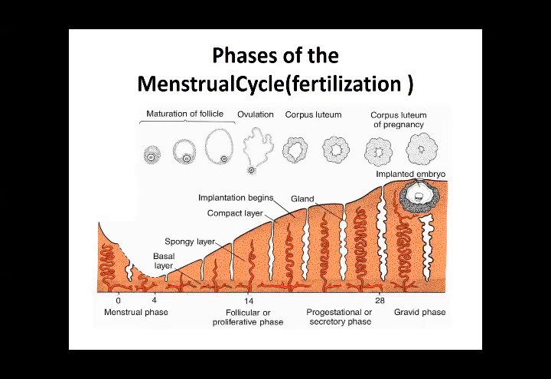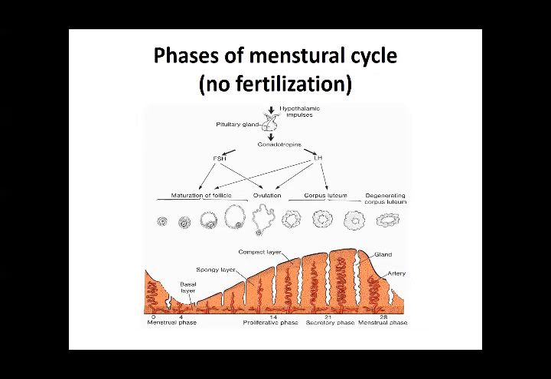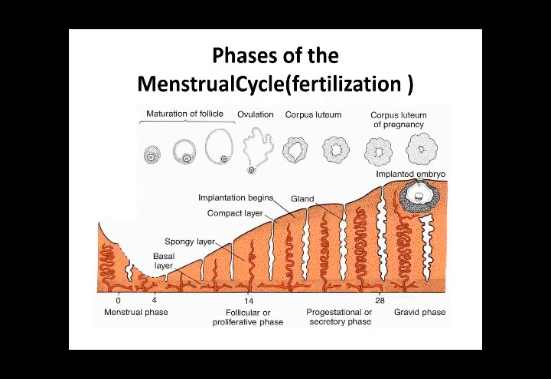If fertilization occurs, similar changes are there, but the corpus luteum continues. Previously we said that the corpus luteum degenerates if there is no fertilization. So you can see that the corpus luteum finishes, there is a withdrawal, and the menstrual cycle starts again. If there is fertilization, it continues.